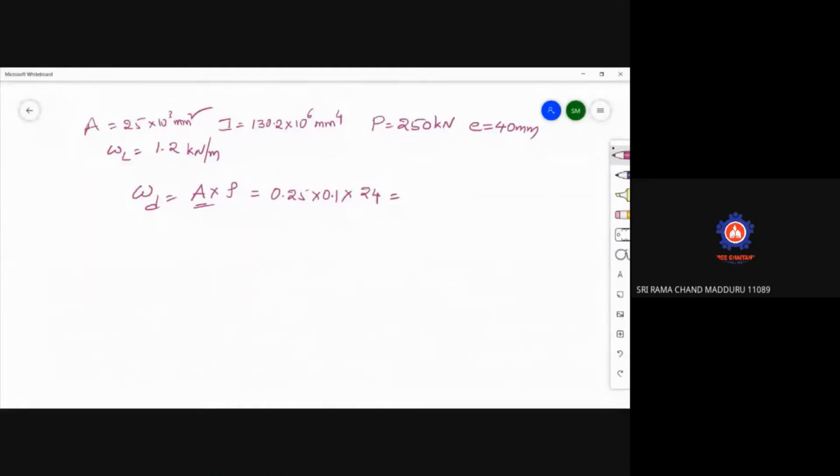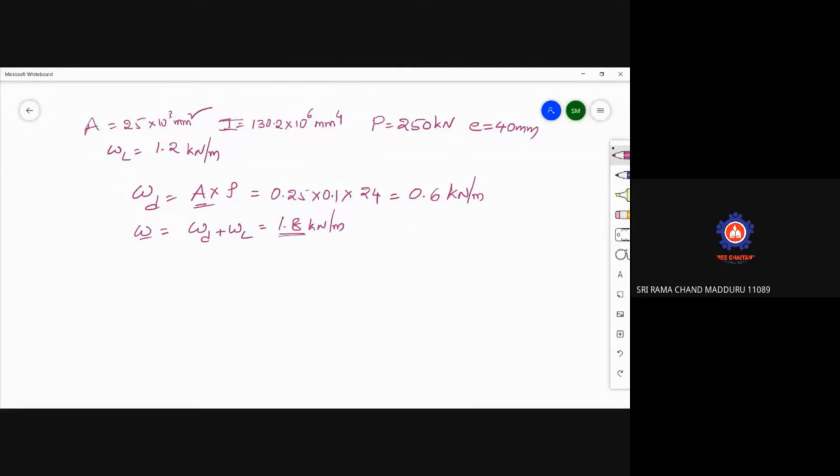So this value is 0.6 kilonewton per meter. W dead load is equal to 0.6 kilonewton per meter. Total load is equal to WD plus WL, so you will get 1.8 kilonewton per meter.